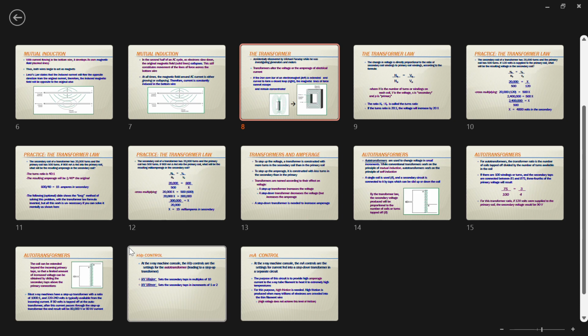So, for example, if I had a 10 amp circuit, okay, operating at 110 volts, what would my power be? 110 times 10? 1100, okay?